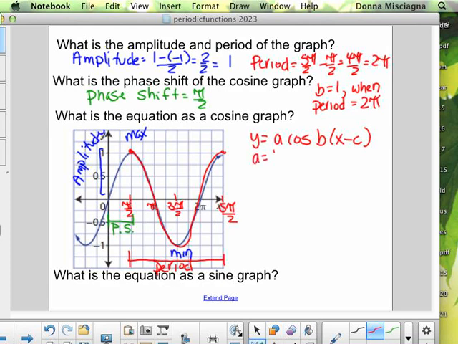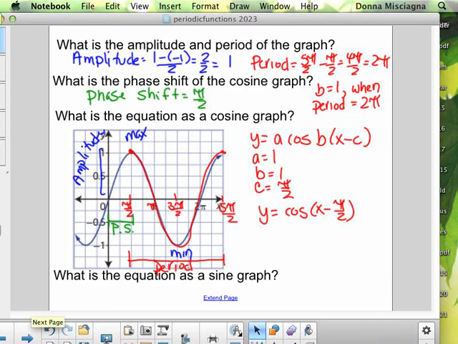A is 1, right? That was the amplitude. We found that. B is also 1. The only thing that's not 1 is c. C is pi halves, the phase shift. So we can write the equation. We don't have to plug in 1 for A and B. So y equals cosine of x minus pi halves.